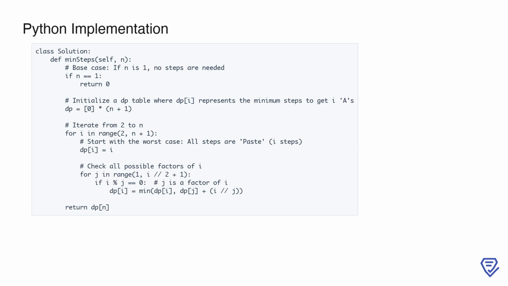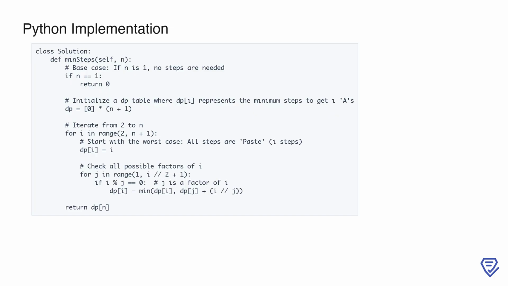If j is a factor of i, that is i % j equals 0, then we can generate i by first creating j A's and then performing i/j paste operations. The steps required are dp[j] plus i/j. We update dp[i] to be the minimum of its current value and this calculated value. 5. Result: finally, dp[n] contains the minimum number of steps to generate n A's, which we return.